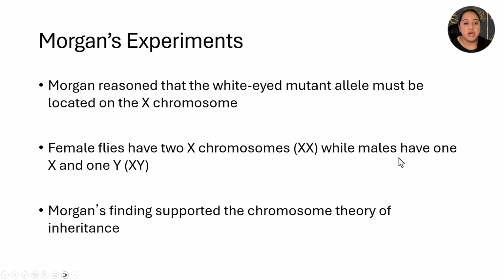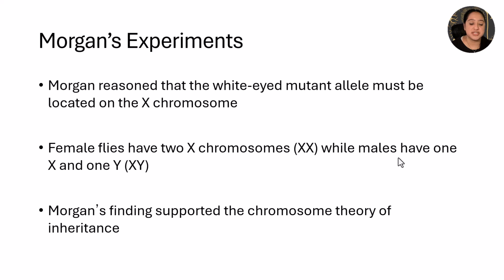So Morgan reasoned that the white eye mutant allele must be on something that can only end up being expressed in males for some reason, right?